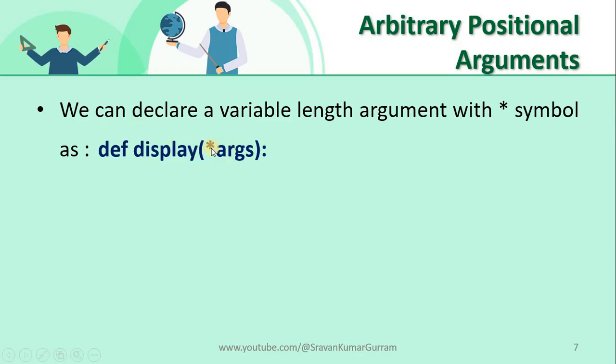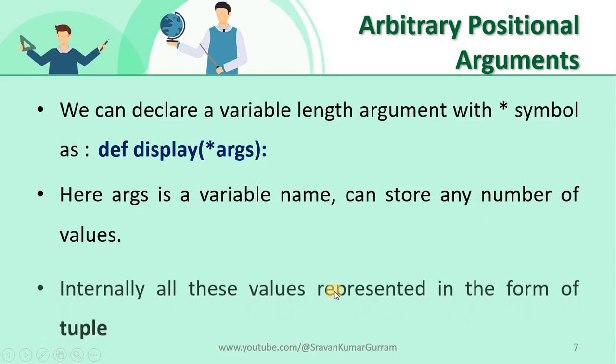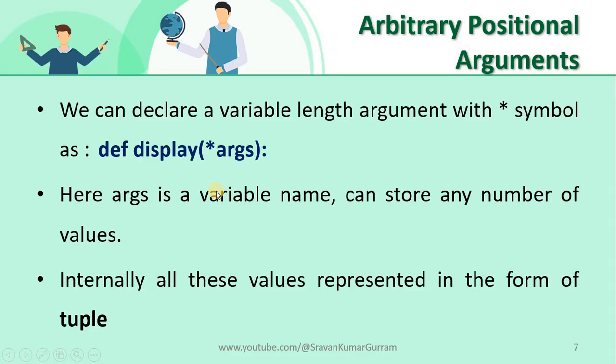When we use the star symbol before the variable name, this is treated as an arbitrary positional argument. Now we can store n number of values in args. As we covered here, args is a variable name and we can store any number of values. The values in args are stored in the form of tuple data type.